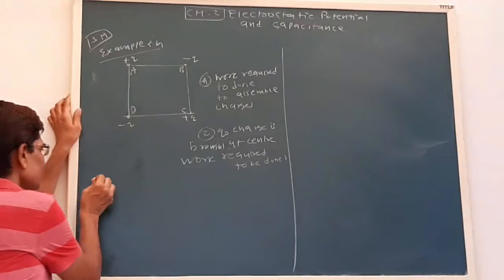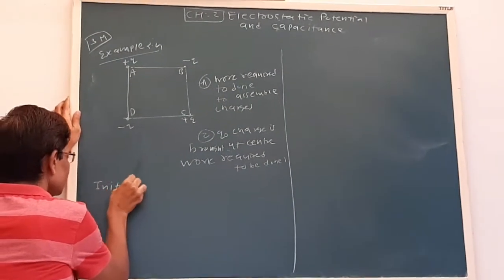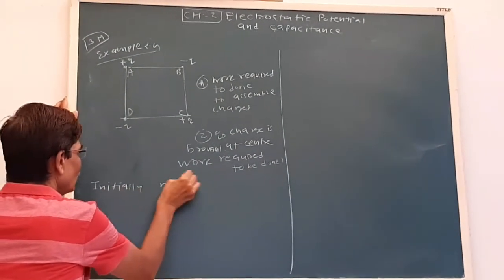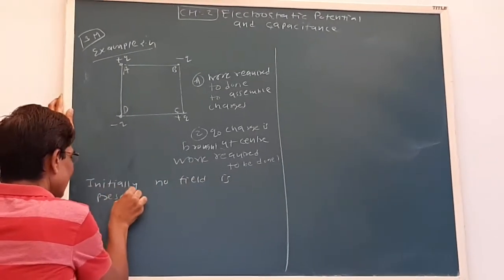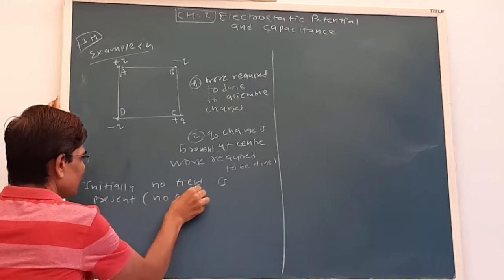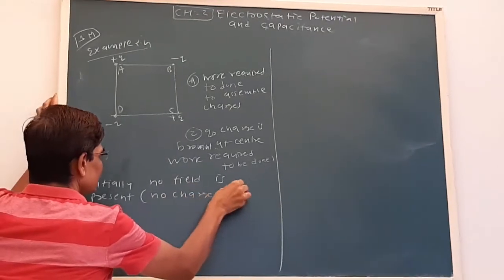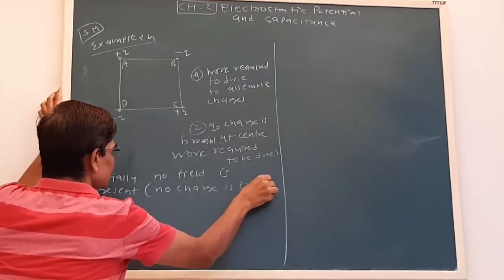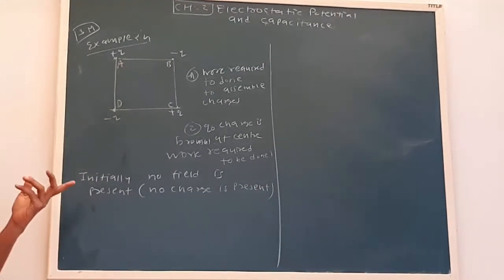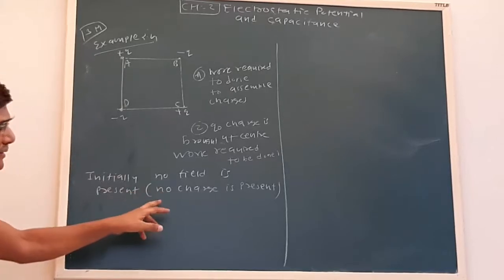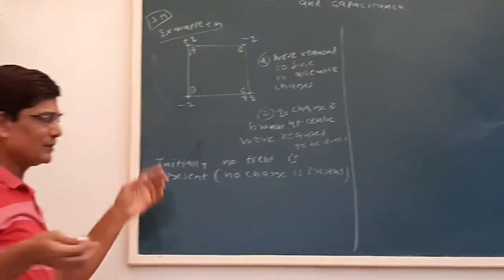So we have to calculate the total work done in assembling the charges, or to obtain the system of charges. Now initially no field is present. Why? No charge is present. So when we bring this plus Q charge at A, no field is present, means no potential, so work done will be 0.